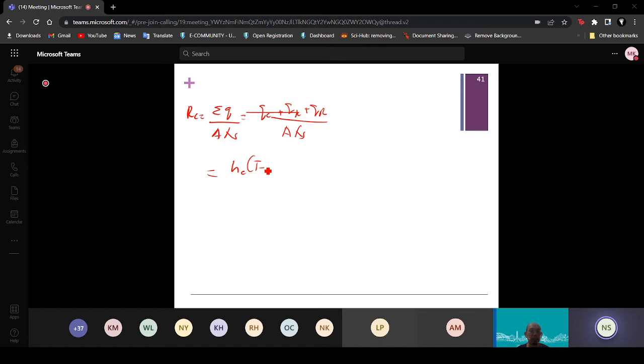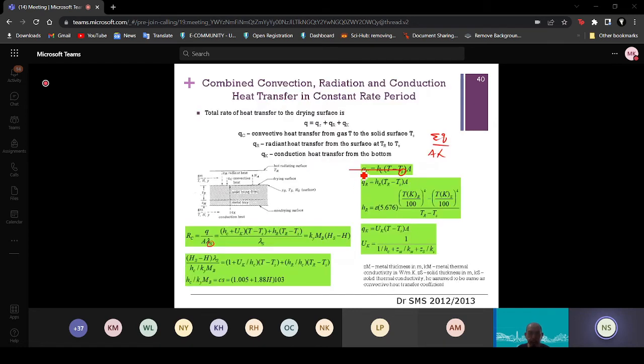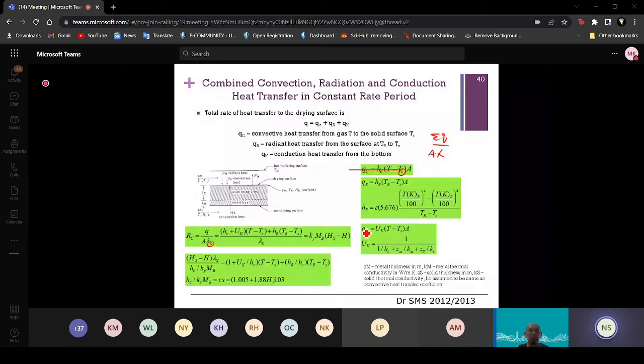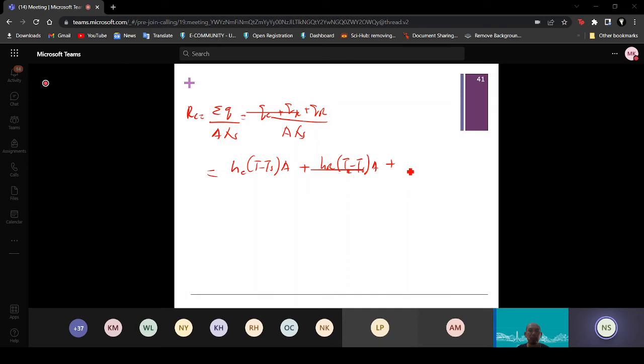So you substitute QC: HC (T minus TS) area, plus HR (TR minus TS) area, plus, for UK, UK (T minus TS) times area.